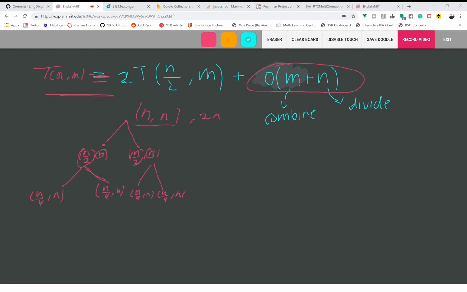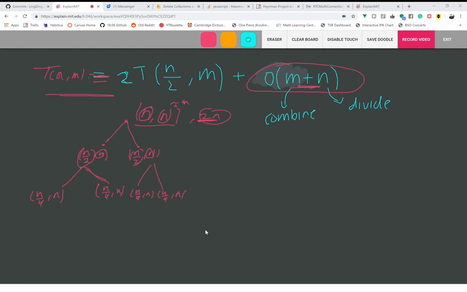I don't get where the 3 came from. Like we know that at every subproblem we are spending a cost of m plus n, right? Yep. So here this is our n and this is our m, right? So here we have an order n work, right?